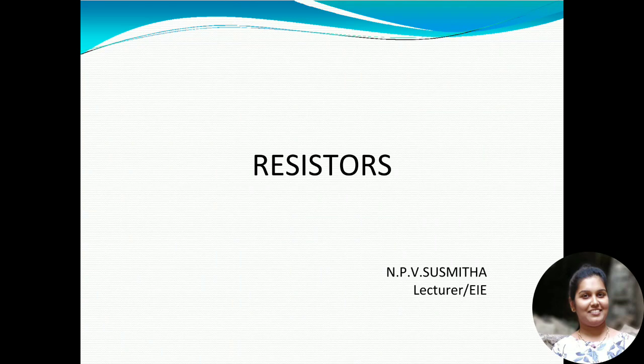The point to be noted here is that resistors form the basic component in any electronic circuit. So let's discuss some of the points which will help us get to know about resistors.